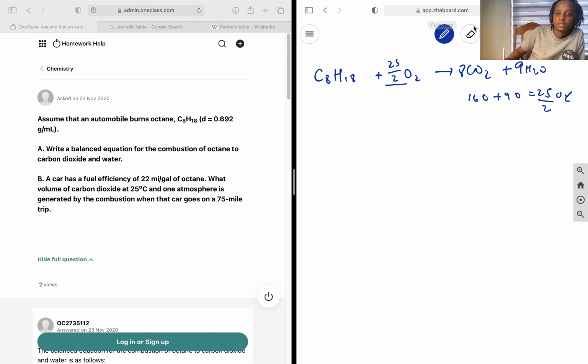And this becomes the balanced equation for the combustion of octane.